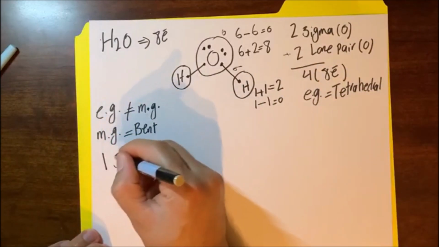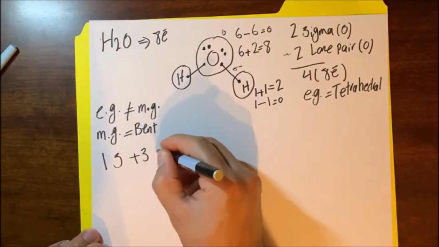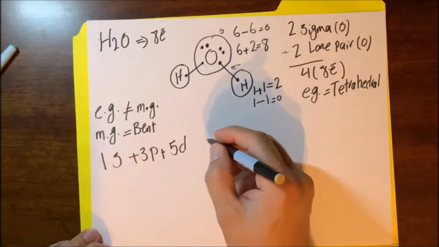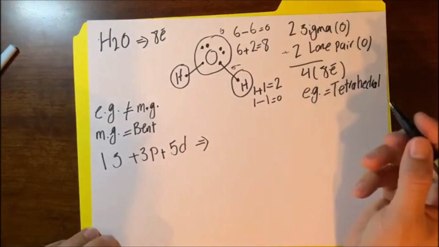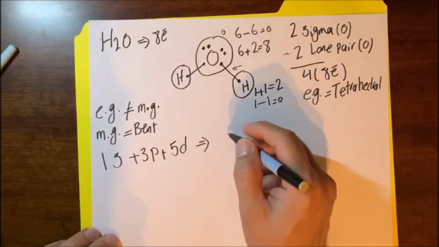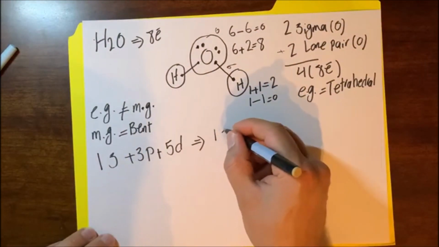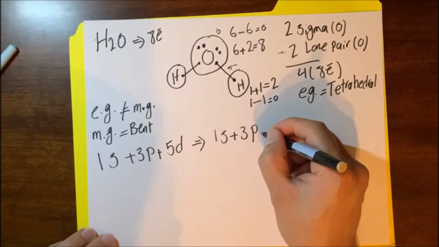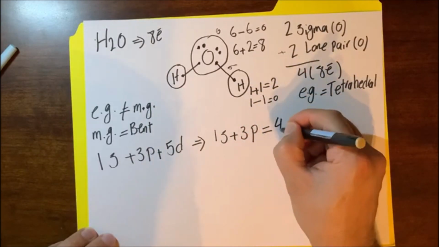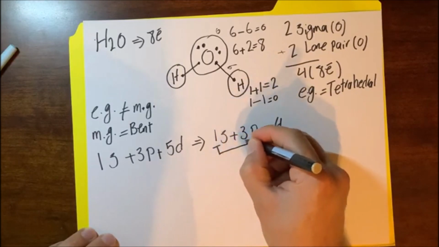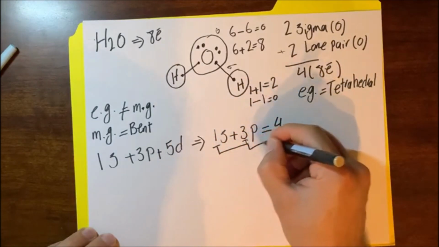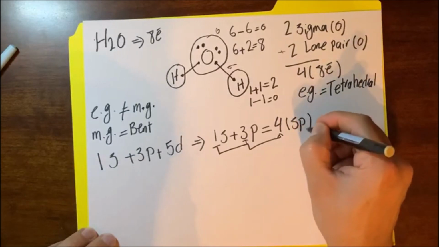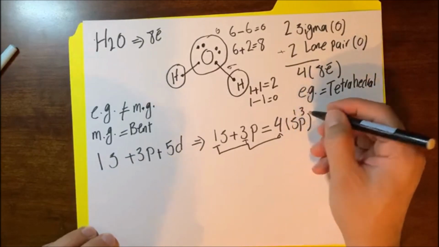We have 4 pairs. Again, you say 1s plus 3p plus 5d. To make the hybridization, you need to accommodate 8 electrons, so you go with 1 box from s plus 3 from p, and you'll get 4. Write the contribution s1 and p3.